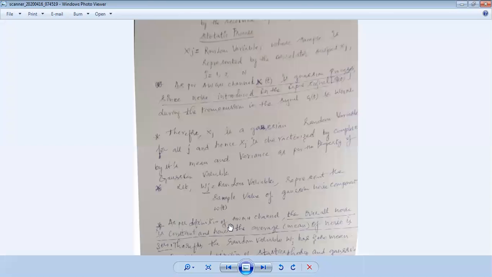Very important, we are dealing in this chapter with the AWGN channel, that is additive white Gaussian noise. In this channel, we assume that the noise over the channel has to be constant, because the noise magnitude is constant and also independent of the frequency.